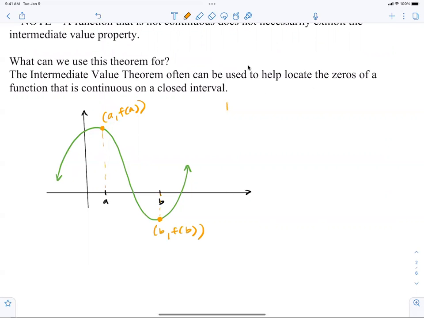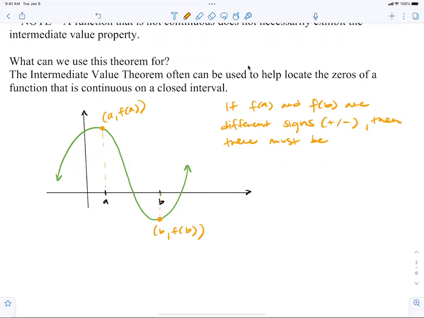Okay, so if f of a and f of b are different signs, then there must be at least one zero on the interval.